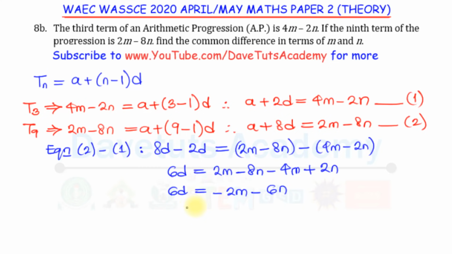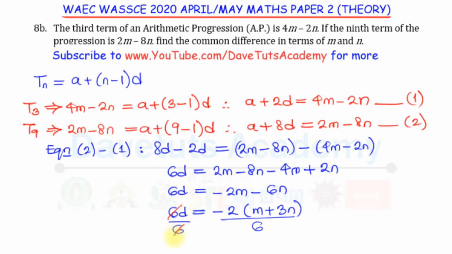And I can see that a negative sign is common to this. So I can say 6d is equal to minus 2m, or even not only a negative sign that is common, I can say minus 2 is common to both, then I have m plus 3n, because minus 2 times m is minus 2m, and minus 2 times 3n is minus 6n. So since I have this, I can divide both sides by 6 so that I can find the expression for d.